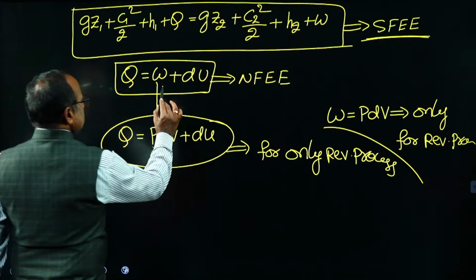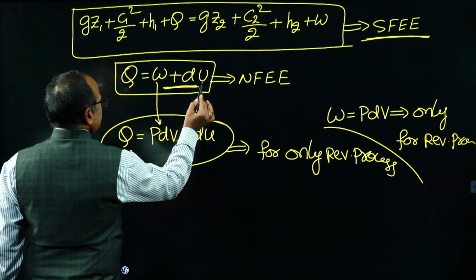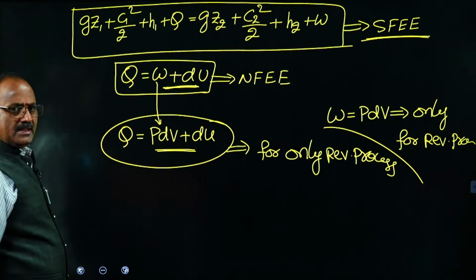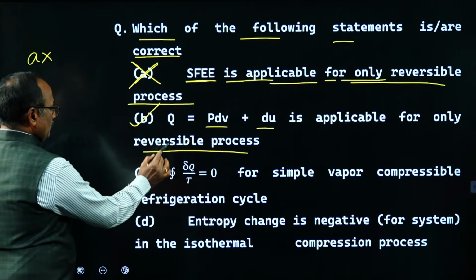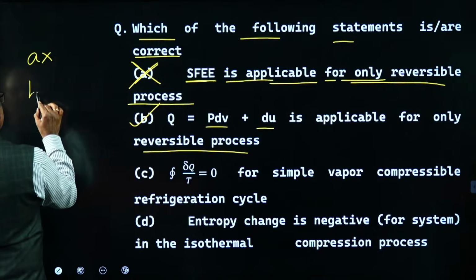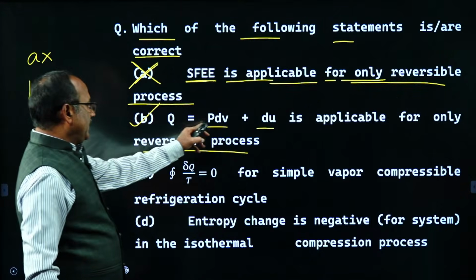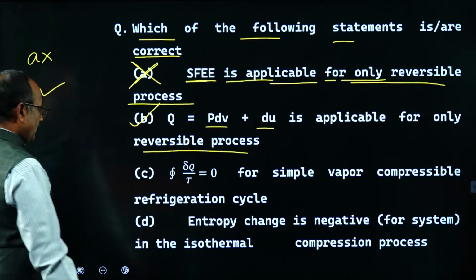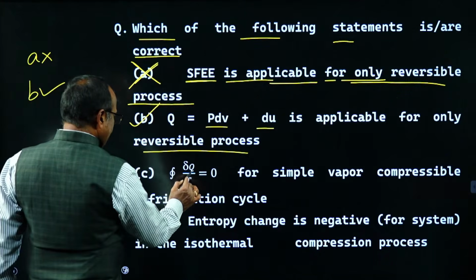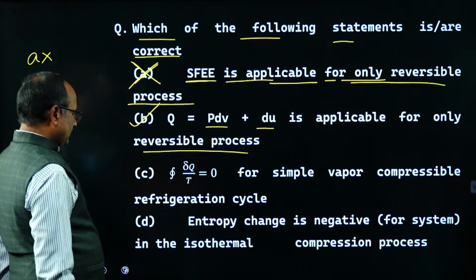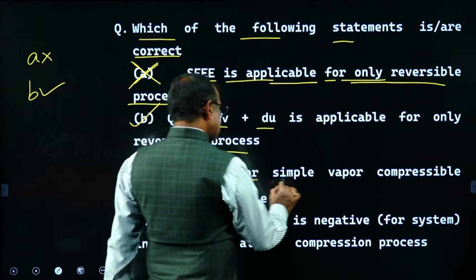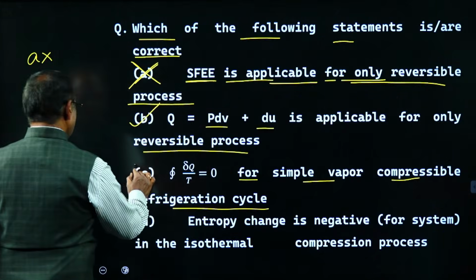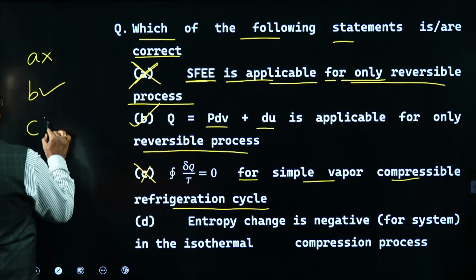Anyhow, this is valid for both reversible process and irreversible process, whereas this equation is valid for only reversible process, right? Therefore, option B absolutely correct. Q equal to P dV plus dU is applicable for only reversible process, correct. Look at the C. Cyclic integral dQ by T equal to 0 for simple vapor compression refrigeration cycle. No. Option C is wrong.